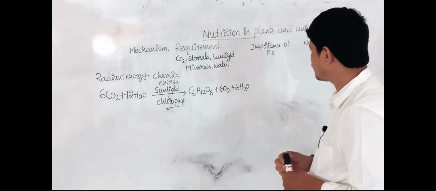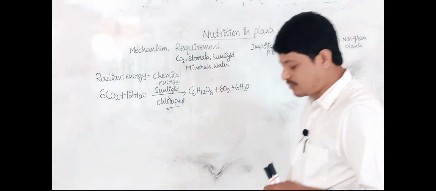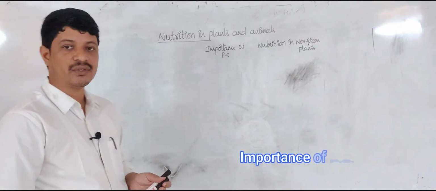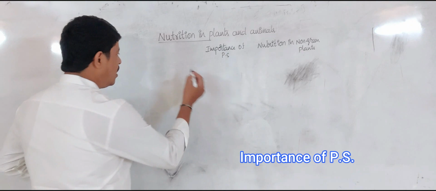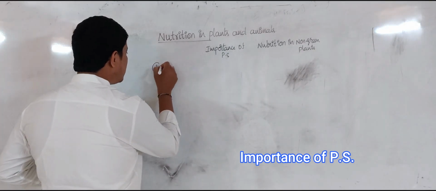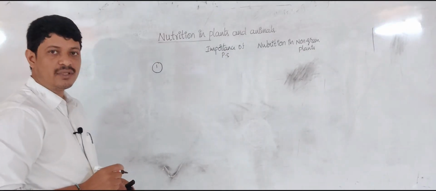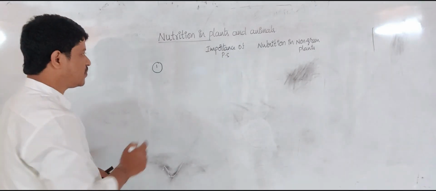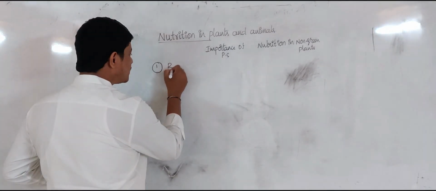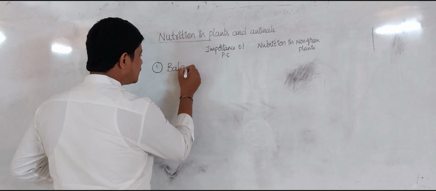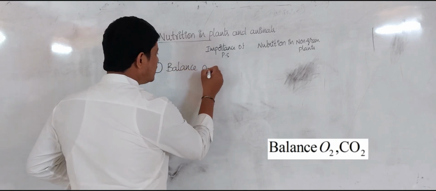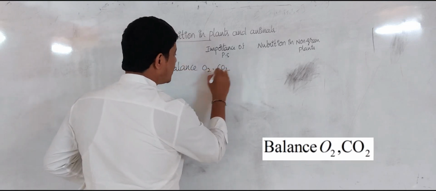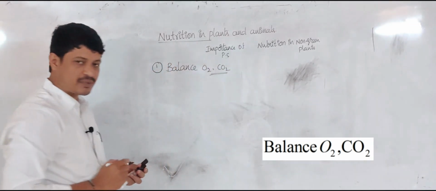Now, the importance of the photosynthesis process. The first point regarding the importance of photosynthesis: it balances oxygen and carbon dioxide levels in the atmosphere.